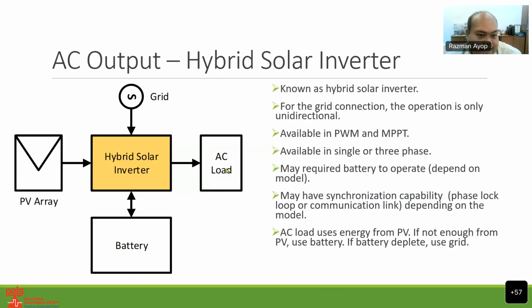Because PV is uncertain, right? For example, the PV power is 100, the load is 300, so it takes 200 from the other source. Some of the models can do that, but some cannot. Some need to take energy from the battery first, depending on the design.